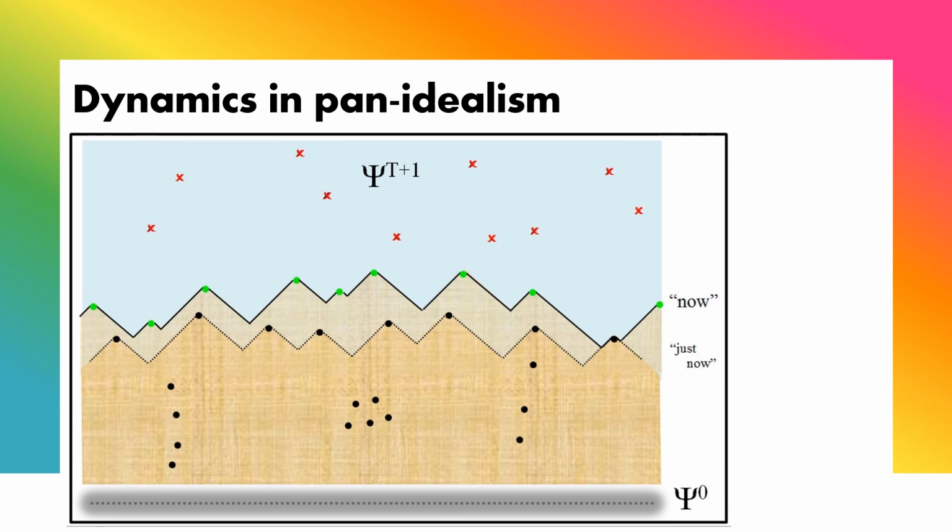We join the green dots together by their past light cones to form a new now, and I've relabeled the previous now just now. We can see that this picture is analogous to the situation at cosmic time t. But because of the successful localizations, the wave function has changed somewhat, and this implies that the set of agents has also changed somewhat.